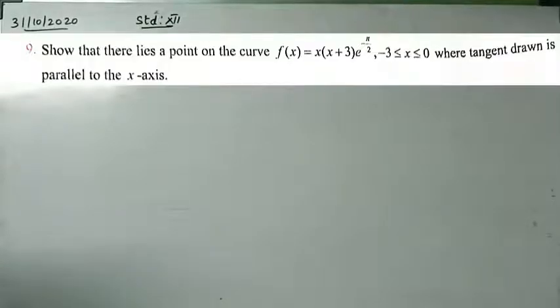Now question number 9. Show that there lies a point on the curve f of x equals x into x plus 3 into e power minus pi by 2, where minus 3 is less than or equal to x less than or equal to 0, where the tangent drawn is parallel to the x-axis. So we want to show that yes, there is a tangent drawn parallel to the x-axis.